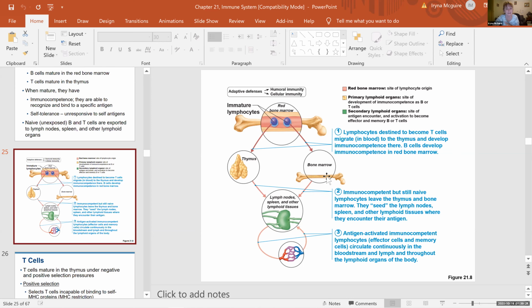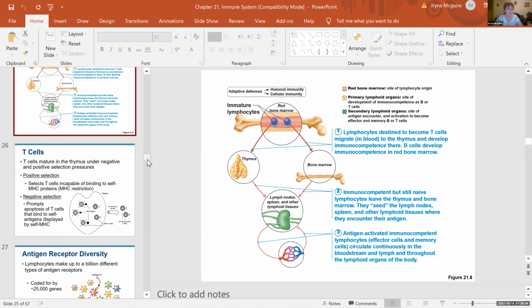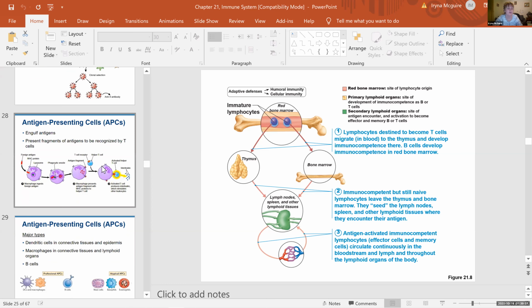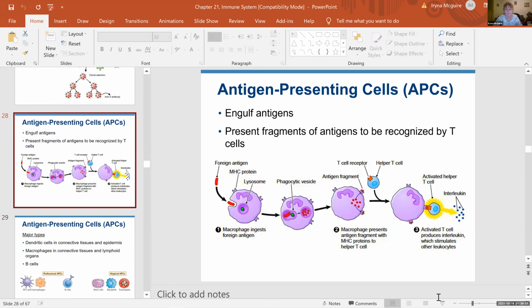So those naive B and T cells move to lymphoid organs, and that's where they stay until they are activated by their specific antigen, and then they start circulating in your blood and your lymph, right? So that's B cells, T cells, and now antigen presenting cells.